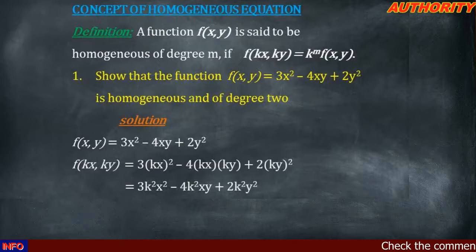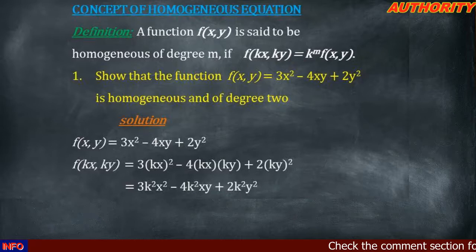So here we have 2k squared y squared. Is that true? Yes. Now, after opening the bracket, we have 3k squared x squared minus 4k squared xy plus 2k squared y squared.